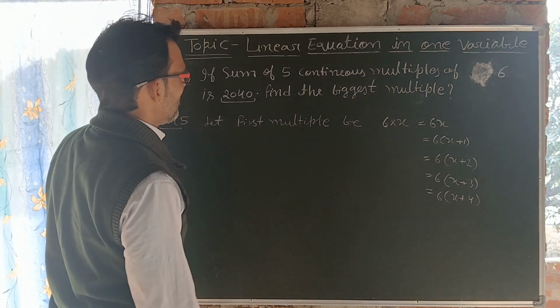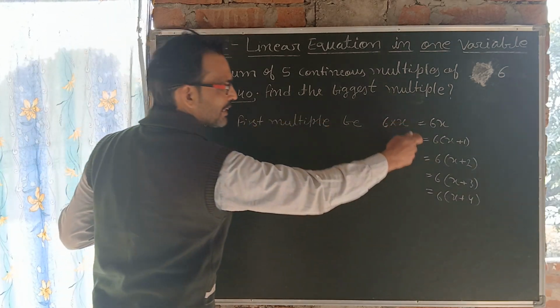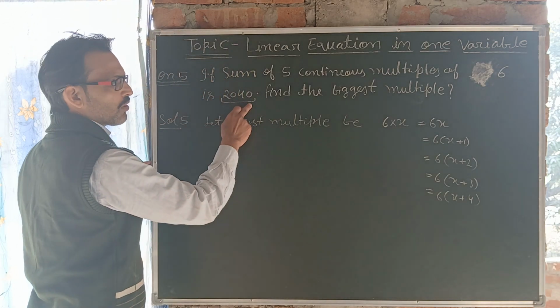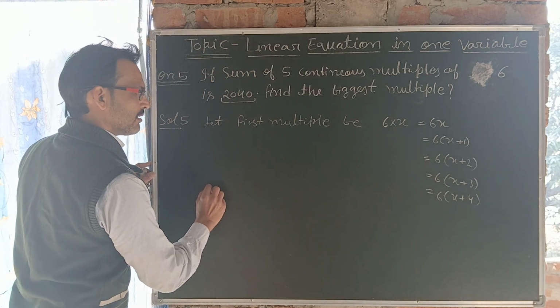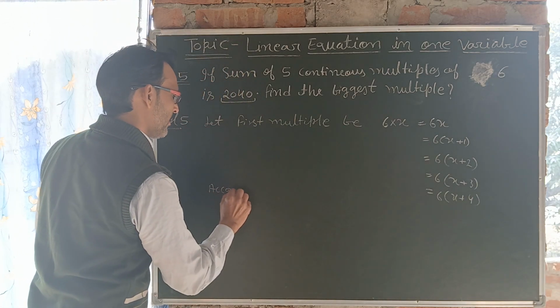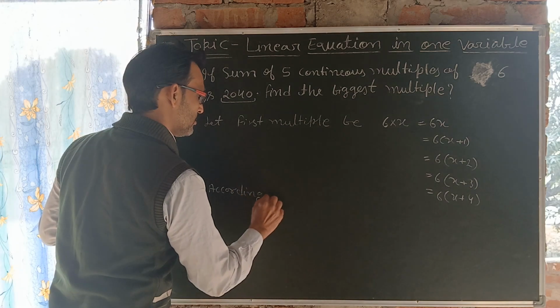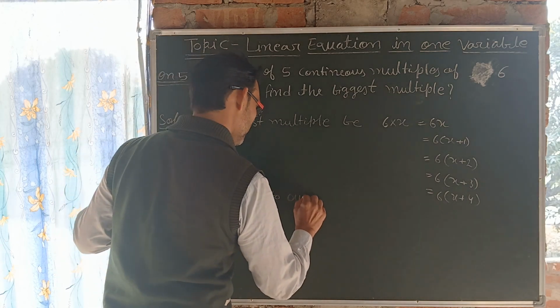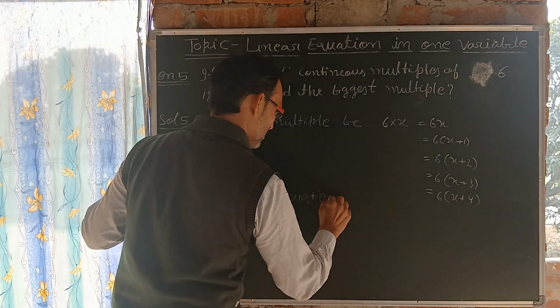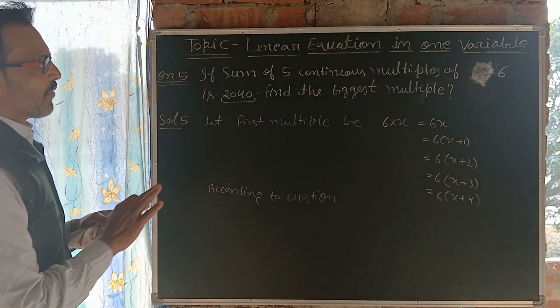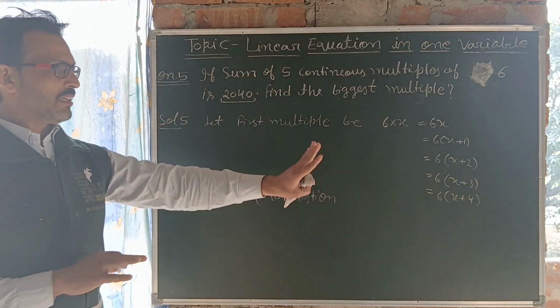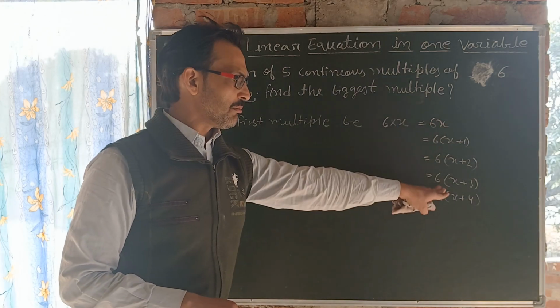So students, according to the question, the sum of all these multiples is 2040. The question is saying that the sum of all these 5 continuous multiples, with no other number in between.